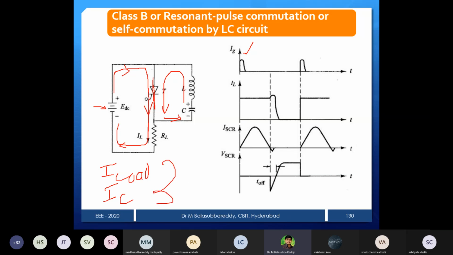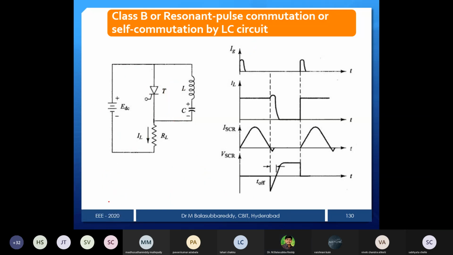One is the load current directly in this path. The second current, C plus, you can see the direction, C plus, it goes to the L, then T, anode to cathode, then again C minus. So there are two currents, one current is like this, the other current also passes through the thyristor, then the sum of these two currents passes through the SCR.